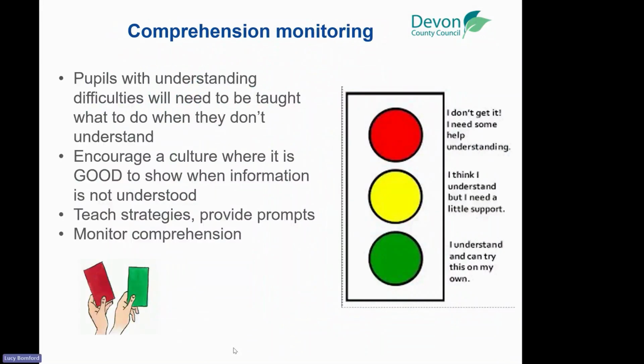The first strategy to support comprehension monitoring is providing sufficient processing time for children to be able to understand. Apply the 10-second rule for pupils with language needs before you repeat. Comprehension monitoring needs to be taught to the whole class to support your asking friendly environment. You may decide as a class how children will let you know that they haven't understood, and it's really important that whatever system you agree on is available to everyone rather than just to certain targeted children.